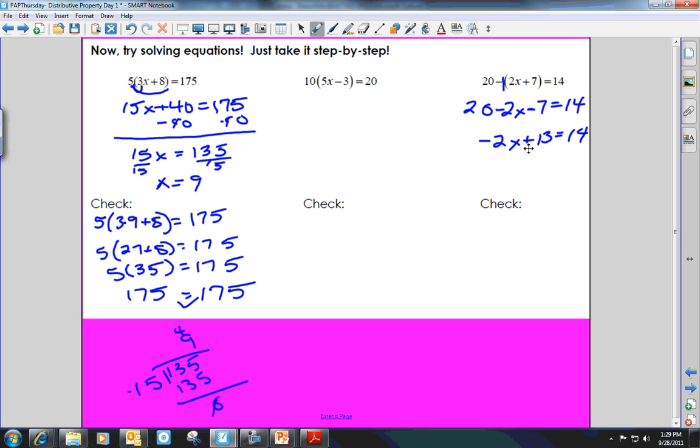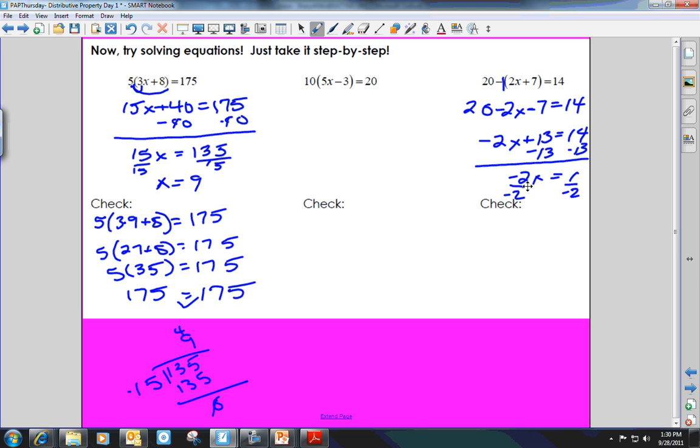Then I can subtract my 13 from both sides. Okay. I have negative 2x equals 1. And I divide by negative 2, divide by negative 2. Okay? I end up with a negative 1/2.